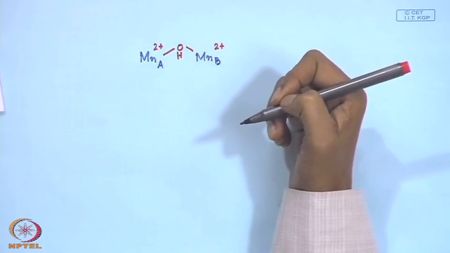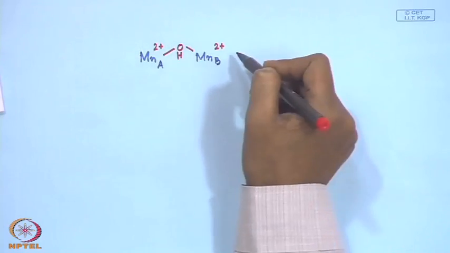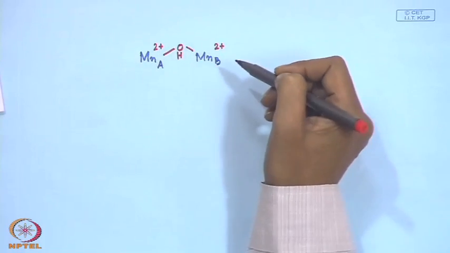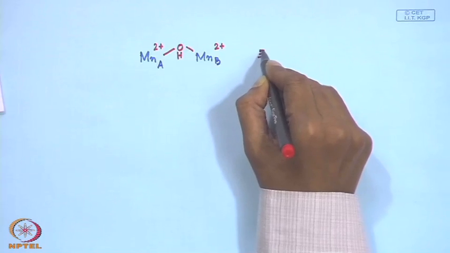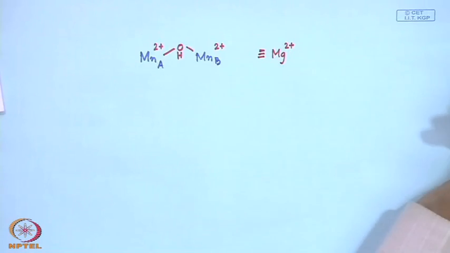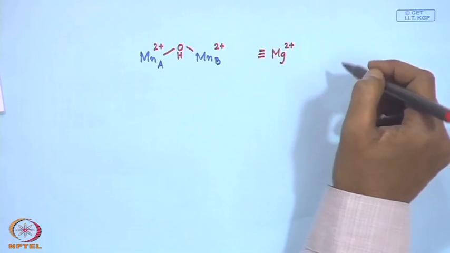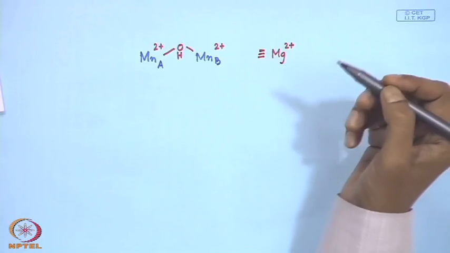So, apart from the catalase where we go for the redox, now we have no liability for changing the oxidation state of manganese. So, manganese can remain as manganese 2 plus, which is very similar in atomic size and charge to the magnesium present in our photosystem.